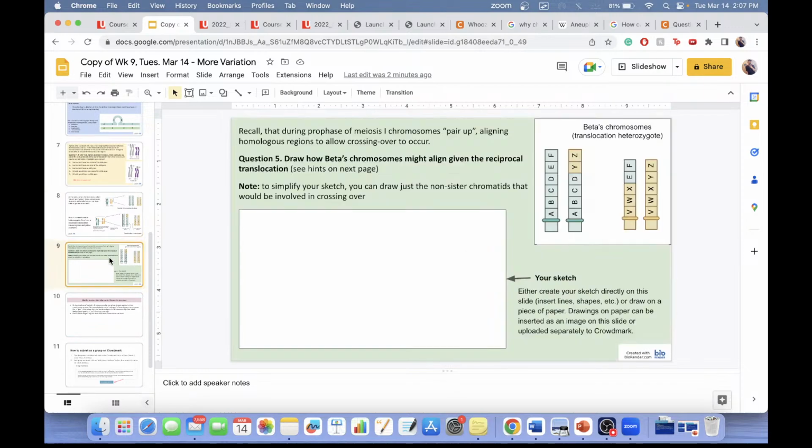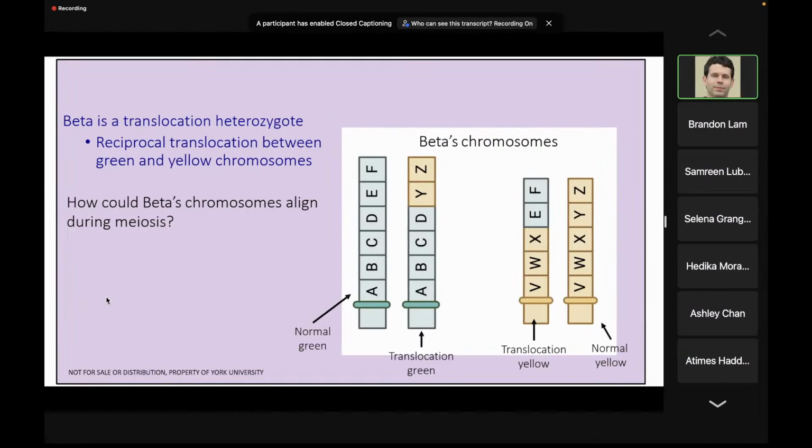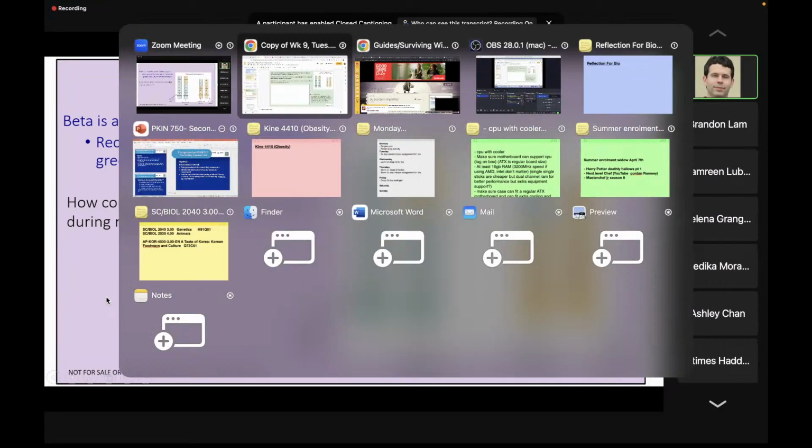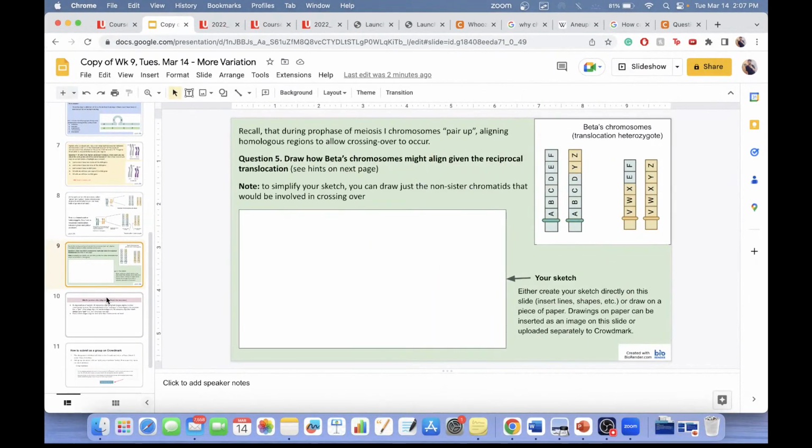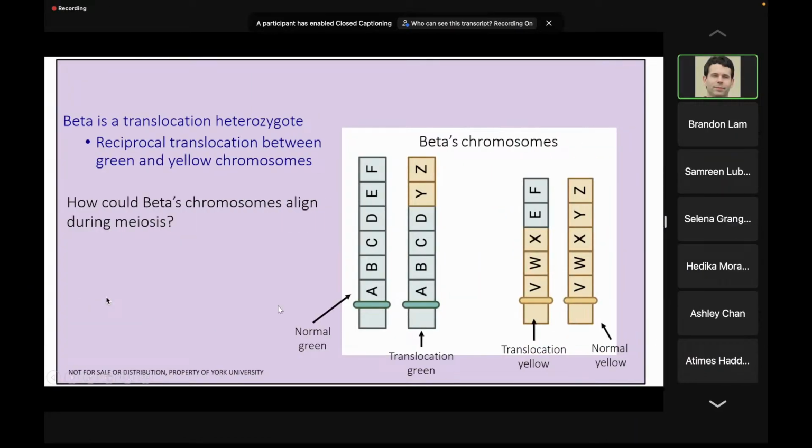How would these chromosomes align in order to give us this particular result? Note the blue and the yellow are non-homologous chromosomes, and there's been a translocation event where a part of the blue gets onto the yellow chromosome and vice versa, just for these non-sister chromatids.